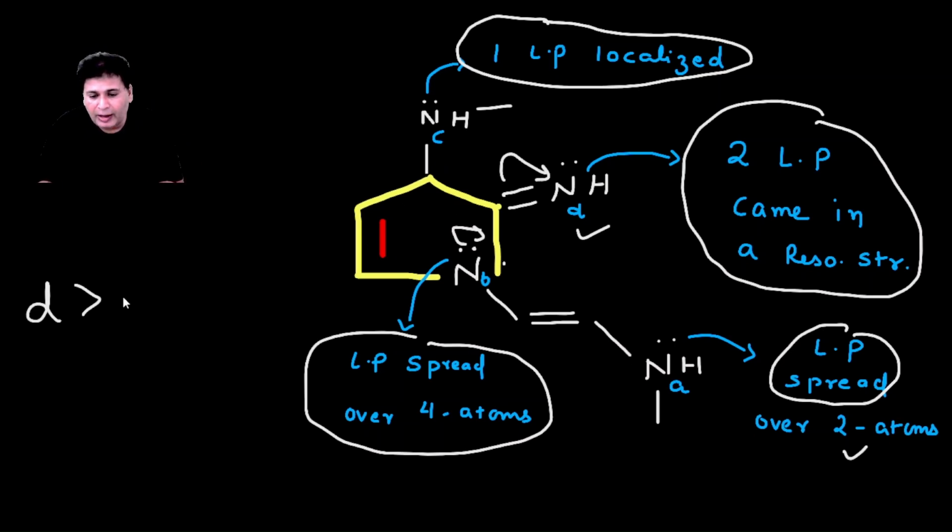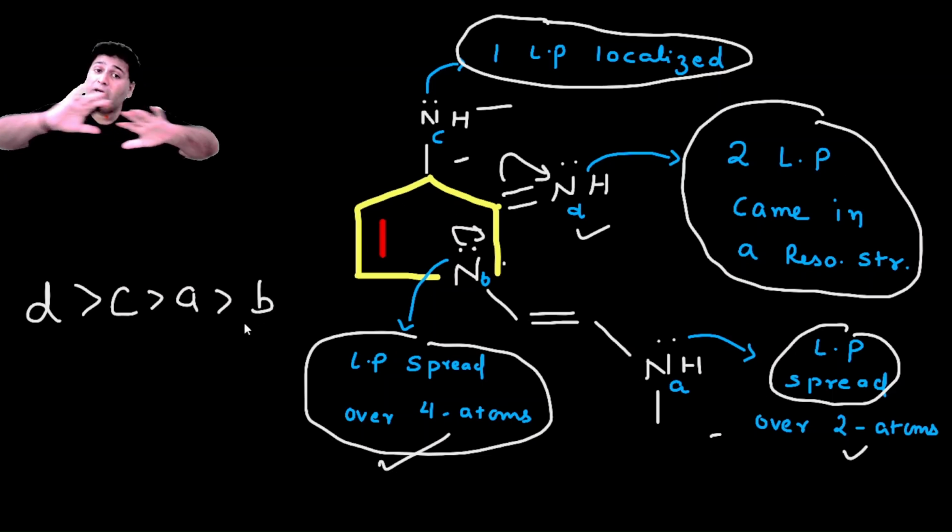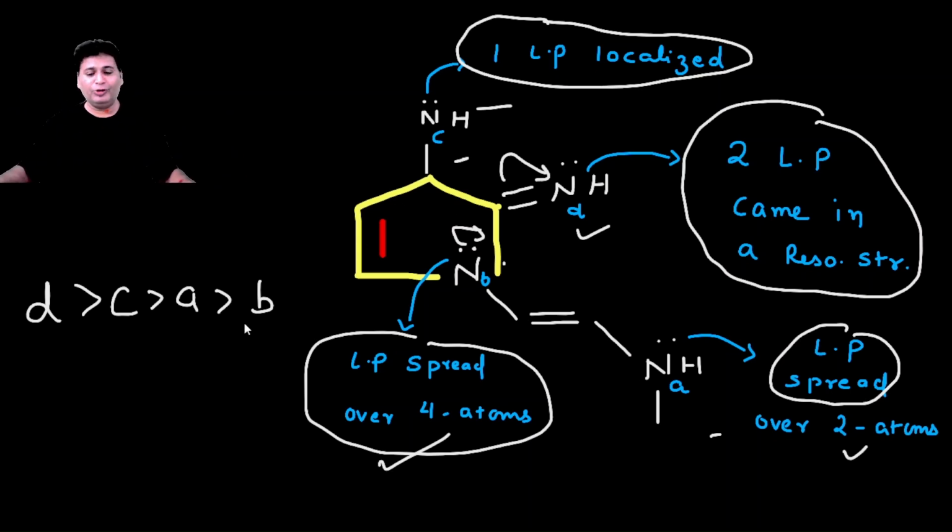So then comes the number C, and then comes the number A, where it is delocalized over 2 atoms, and finally the least basic is found to be the nitrogen number B, where it got spread over the most number of atoms. So that is how you have to think fundamentally, and you have to think critically how the lone pair is getting involved in some resonance, how it is not involved in resonance, and resonance may help create more than one lone pair, as you got in the case of D.